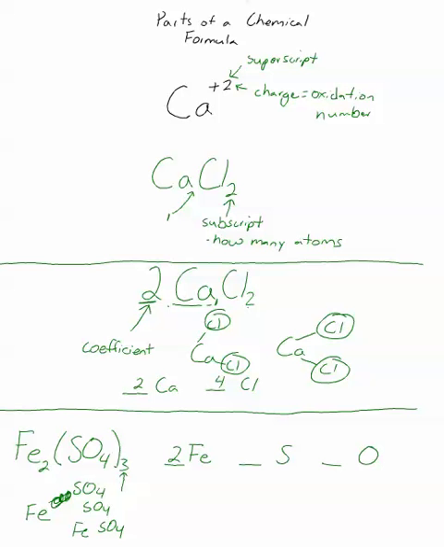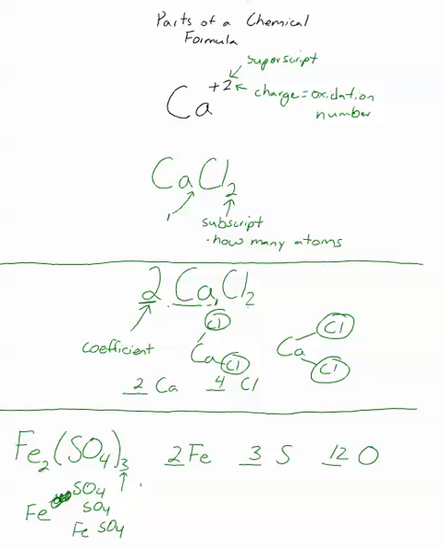However, just like in math, if you have a number outside the parentheses, it multiplies everything inside. So instead of having just 1s, we have 1 times 3, which gives us 3s. And then for oxygens, I have 4 times the 3, which gives me 12. Okay? And that makes sense. If we look at what we had here for our little formula, I've got 2 Fe's. I have 1, 2, 3 sulfurs. I have 4 oxygens, plus 4 gives us 8, plus another 4 gives us 12.